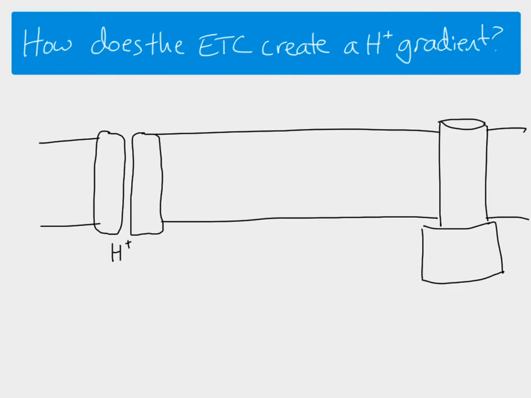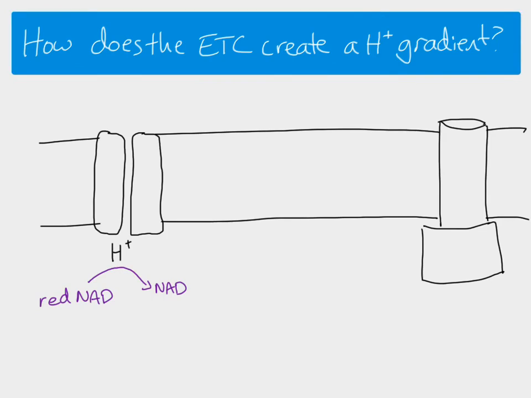So now we know where this is happening. We know that our hydrogen ions need to move through here into the intermembrane space, and those hydrogen ions come from our reduced NAD or our reduced FAD from the other stages of respiration. So reduced NAD can be oxidized to form NAD.